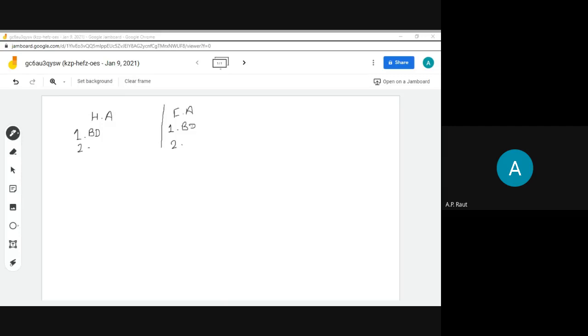Next point. In the half adder, it adds two bits. And in the full adder, it adds three bits.